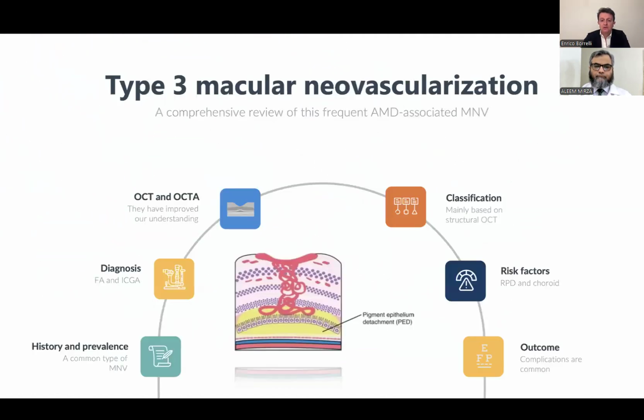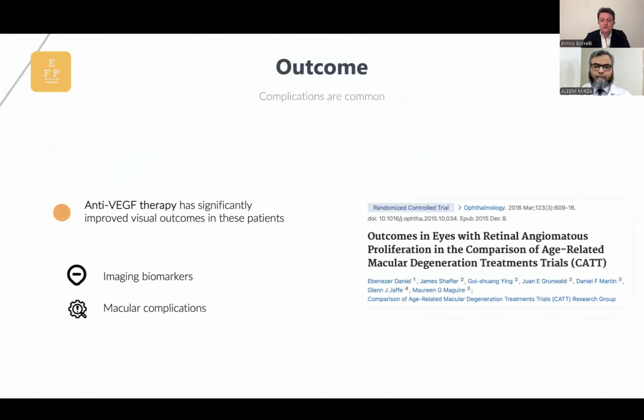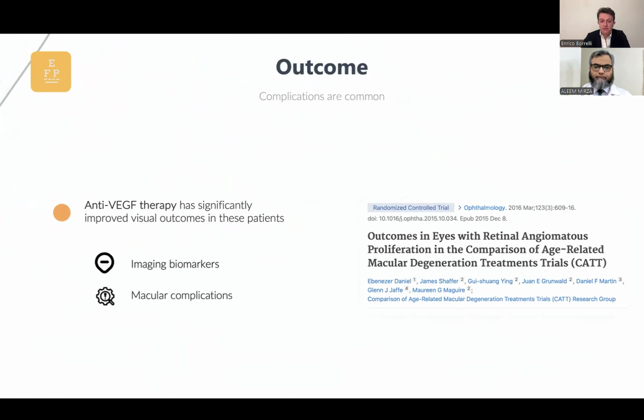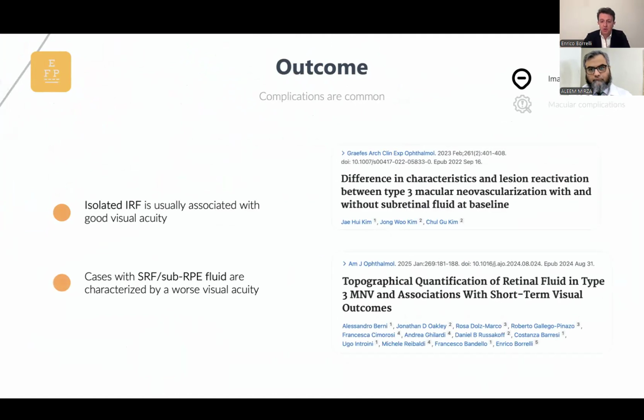Finally, let's talk about the outcome of these patients. We know that anti-VEGF therapy has improved the visual outcome in patients with neovascular AMD. However, in the presence of type 3 macular neovascularization, the outcome is usually worse, especially in those patients with subretinal or sub-RPE fluid.